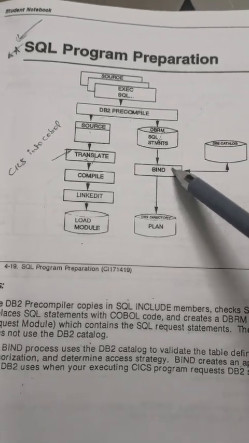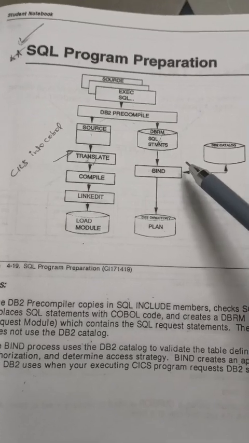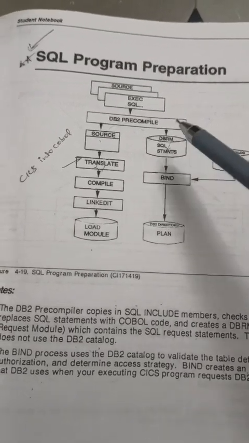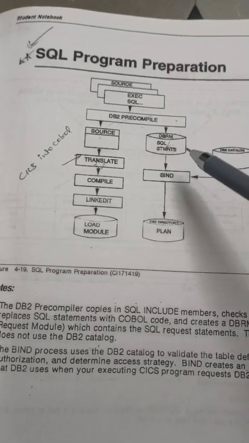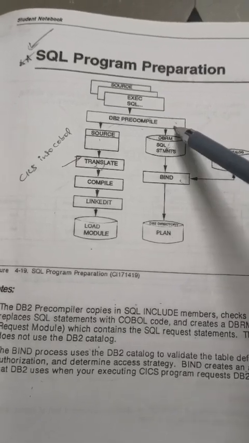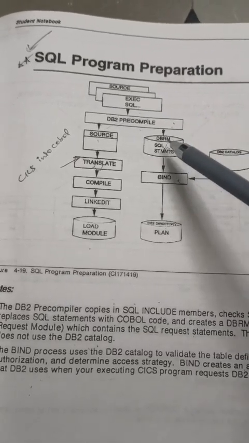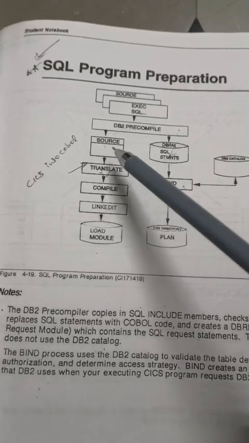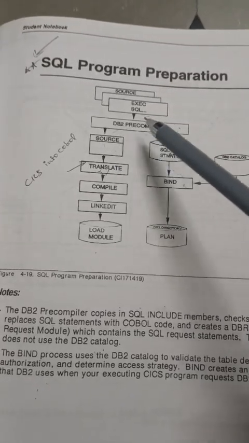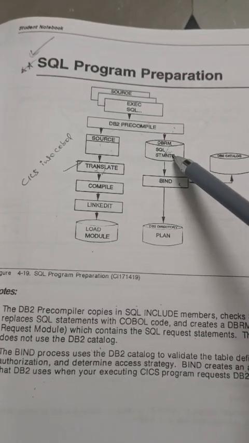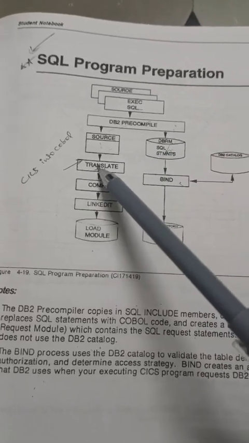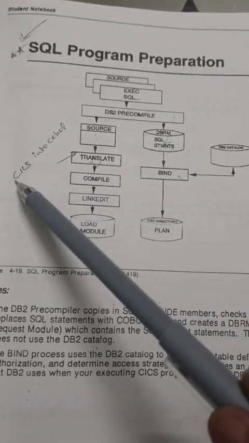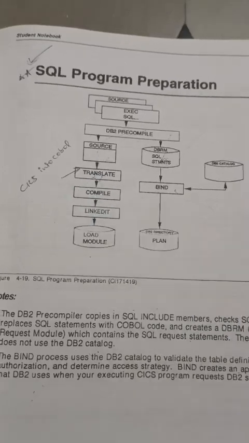The plan is created in the bind, and authorization is checked only in the bind. The DBRM will not check, and even pre-compilation never checks authorization. It just extracts, creates the DBRM and the SQL statements. The pre-compiler extracts the DBRM to separate the SQL statements and COBOL statements. You can see what the translator does: it converts the CICS commands into COBOL statements.